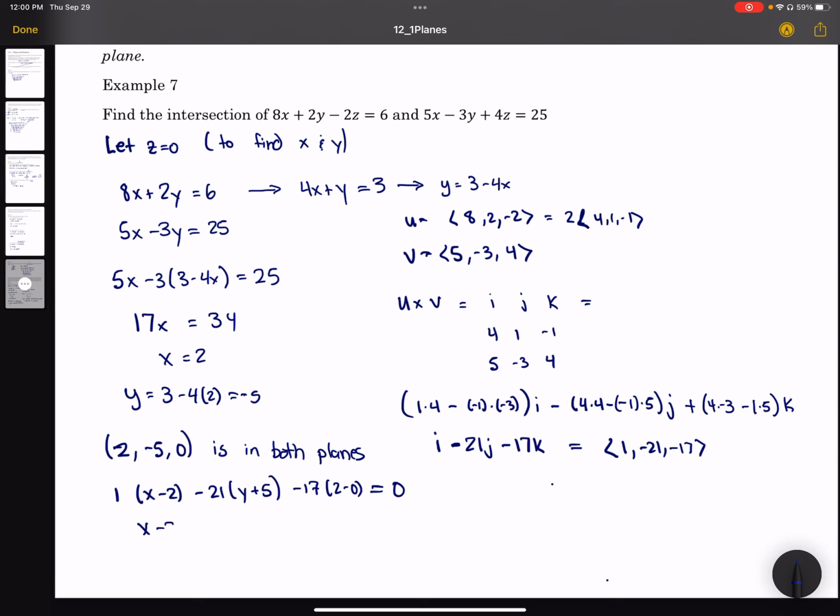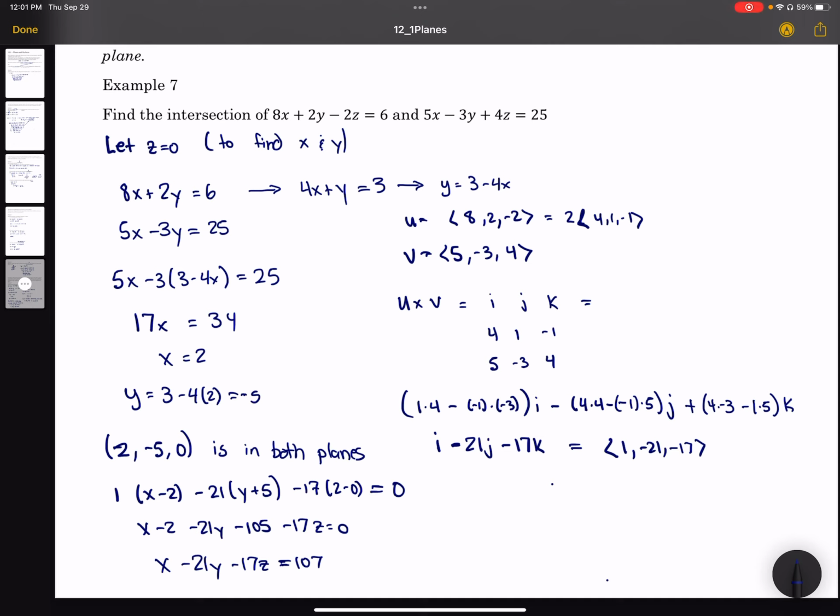That gives us x minus 2 minus 21y minus 105 minus 17z equals 0, or x minus 21y minus 17z equals 107.